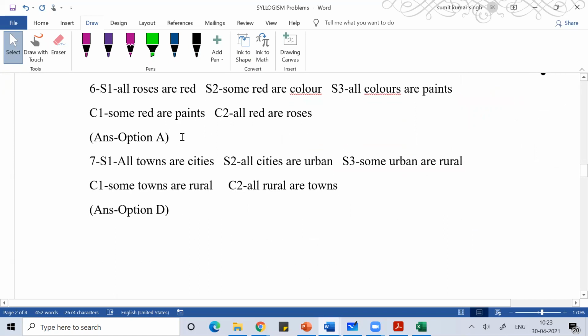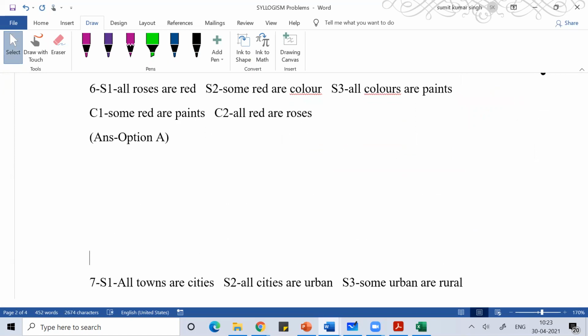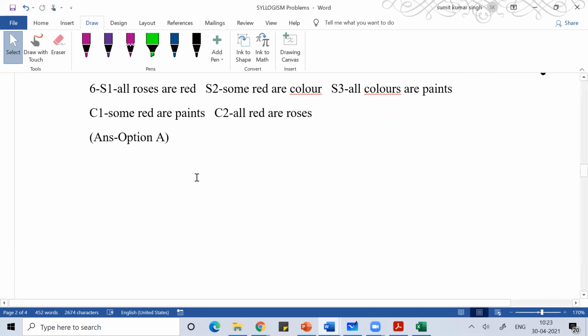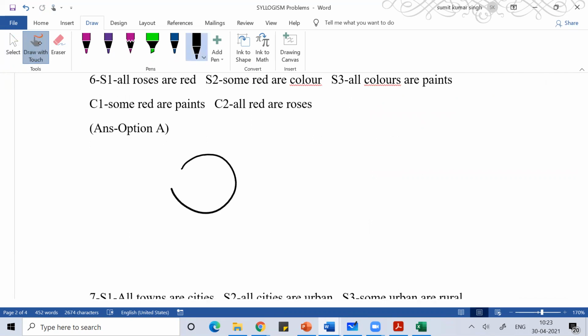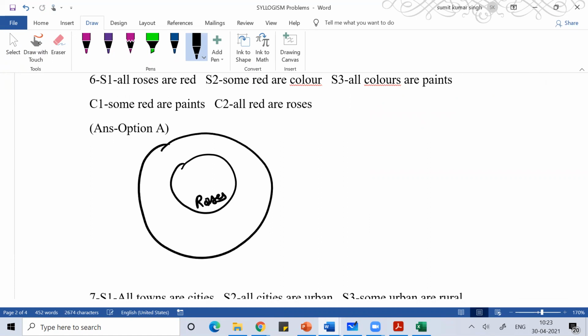Now you can see statement 1: All roses are red. Some red are color.